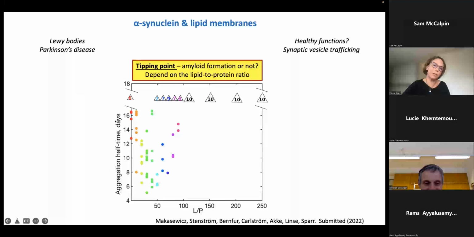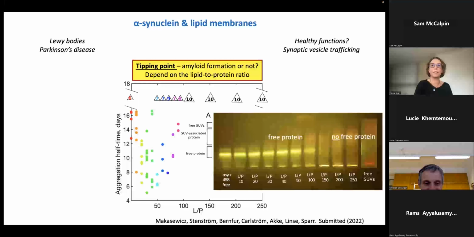The plot gives the half time of the aggregation. When adding a little bit of vesicles to the protein, we can induce or speed up aggregation, but with a large excess of vesicles, there is no detectable aggregation. So even with the same components in the system, we can get completely different behavior. There is a tipping point between inducing aggregation and preventing aggregation.